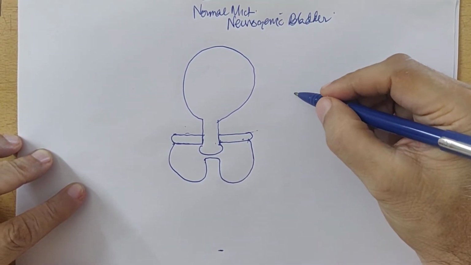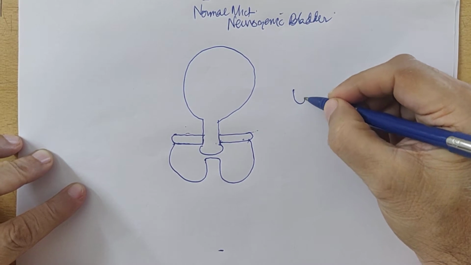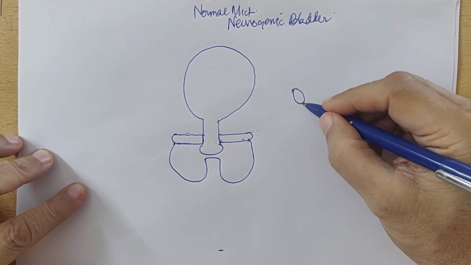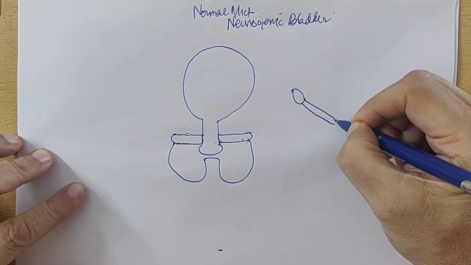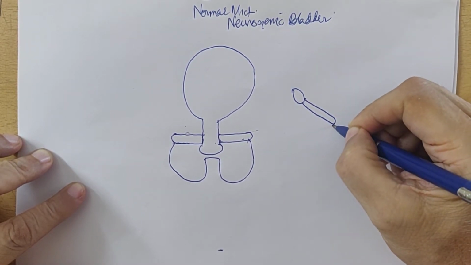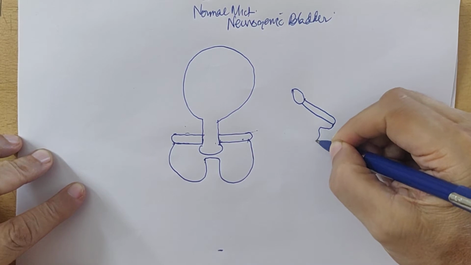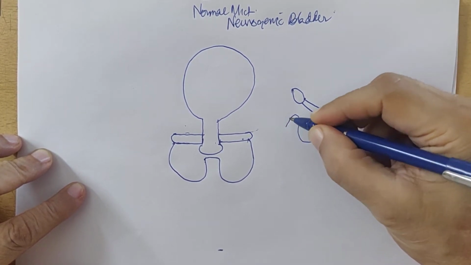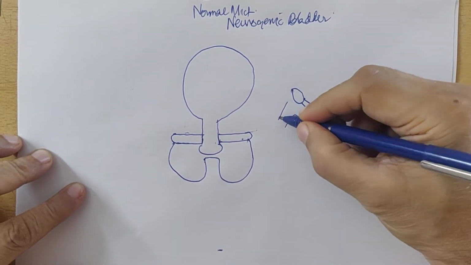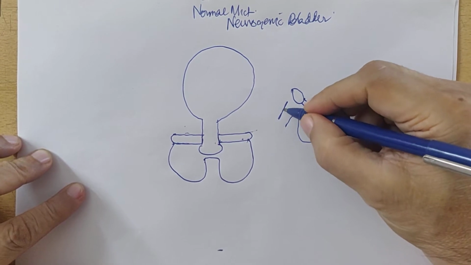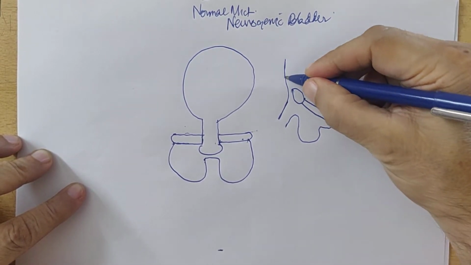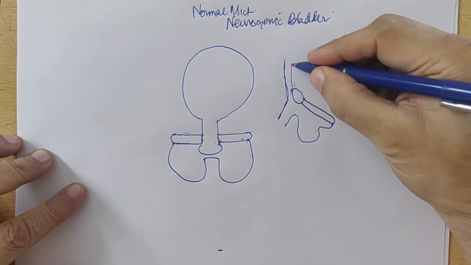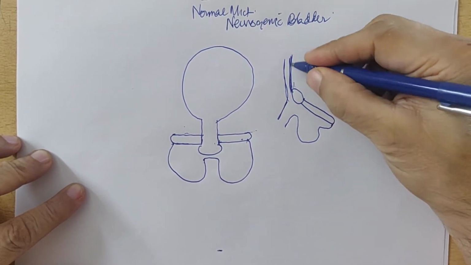If you see the side view, this is the perineal membrane, this is the deep perineal pouch, here you have the superficial perineal pouch, and here you have the urethra, the Colles fascia of the penis, which goes into the abdomen. So here are the abdominal muscles, the linea alba.